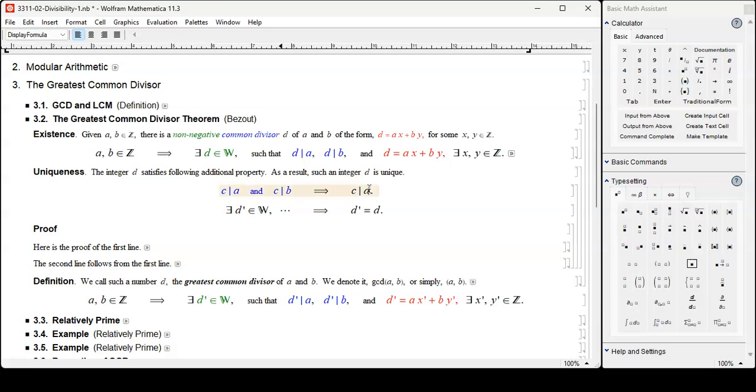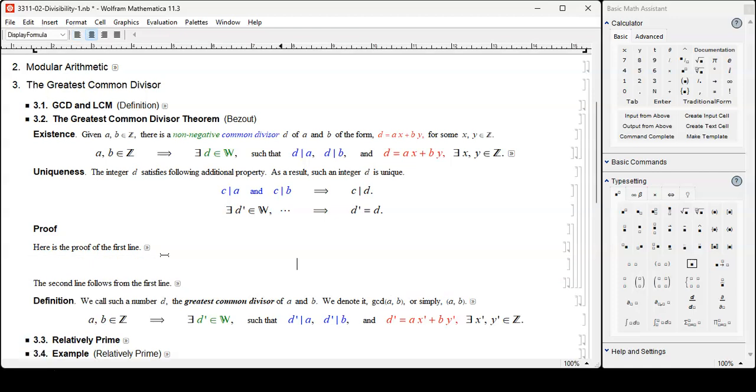Let's prove the first line. And the proof is actually pretty simple. All you have to do is to utilize this: C divides A and C divides B. In other words, A is some integer times C, B is some integer times C. So from here, can you see that C divides AX plus BY?